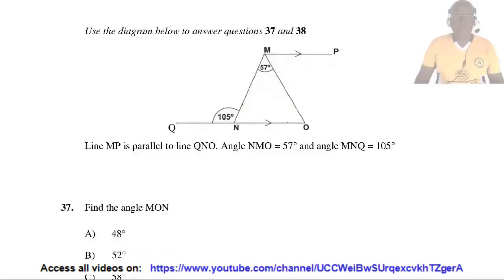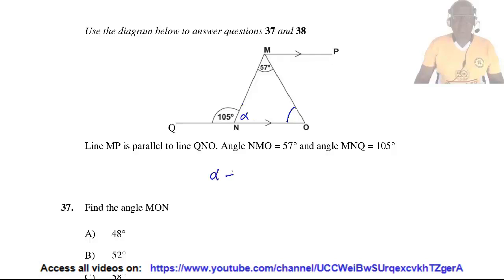Use the diagram below to answer questions 37 and 38. Line MP is parallel to line QNO. Angle NMO equals 57 degrees and angle MNQ equals 105 degrees. Question 37. Find the angle MON. This is the angle MON, but before that we shall find the angle which I label alpha.